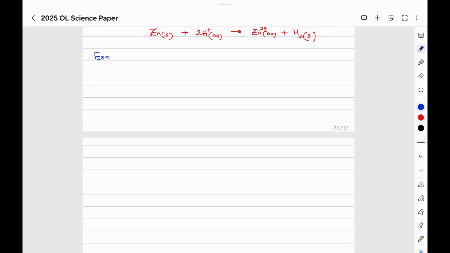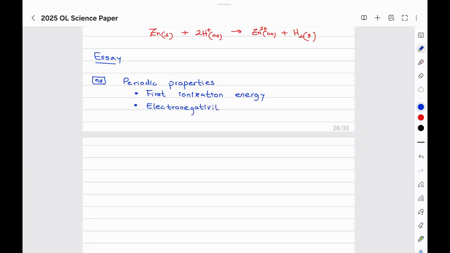Now, essay paper question number 3. Under the periodic properties, we are discussing first ionization energy, electronegativity, melting point and boiling point.